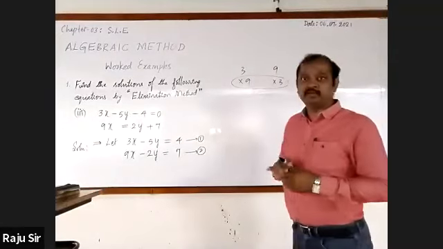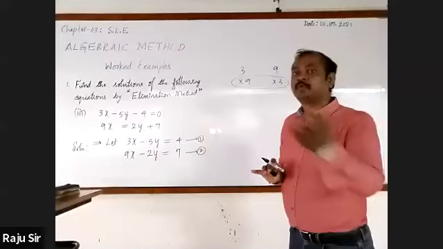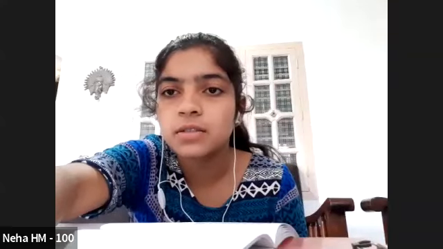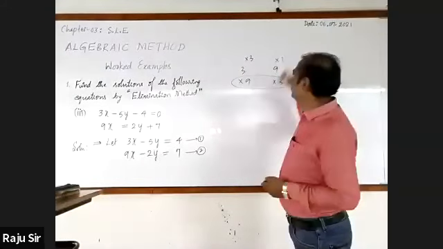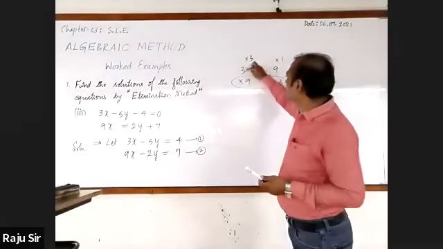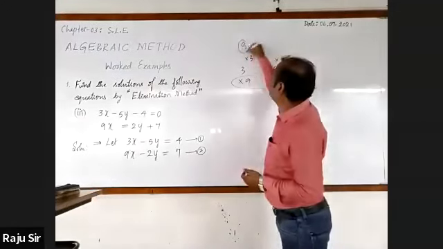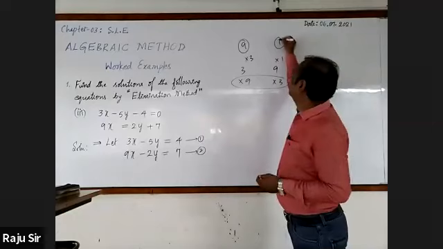Is there any other way of equalizing? I am multiplying the first equation by 3 and the second equation by 1. Then also it is the same: 3 3s are 9, and 9 1s are 9.